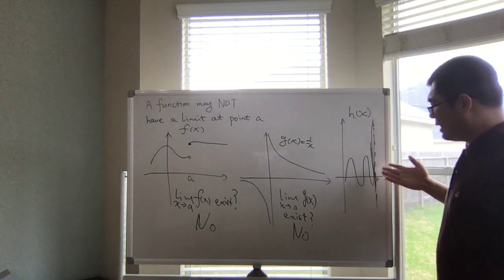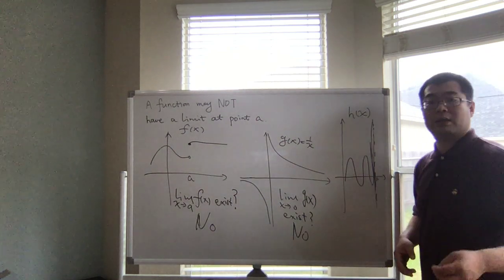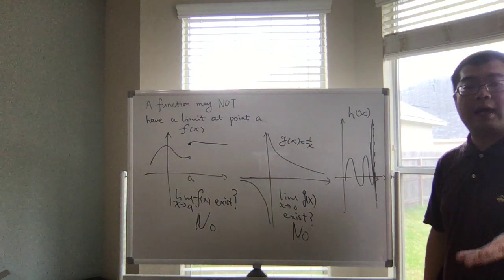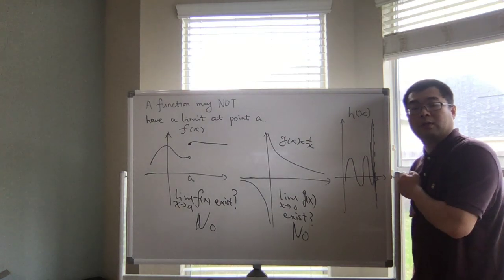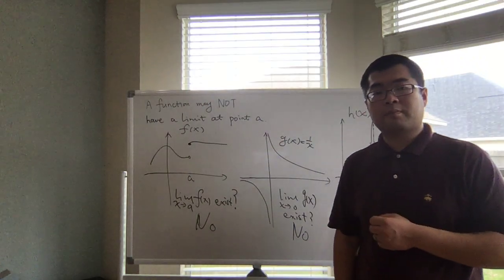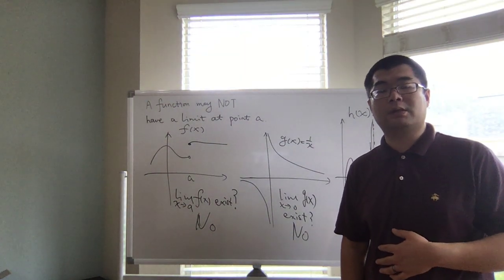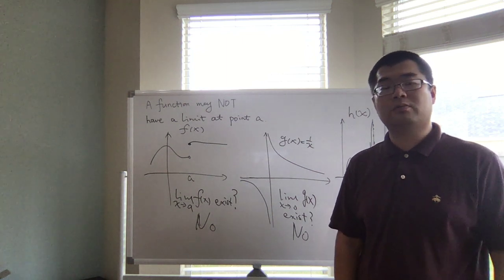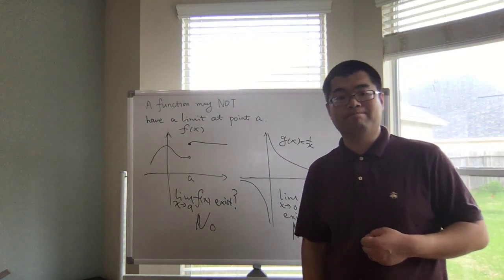So as you can see, as x approaches a from the left, the limit already does not exist, not to even mention the limit as x approaches a, right? Because we don't even talk about the right-hand side. Okay, so I hope this is going to give you some brief idea about the concept of limit, and we'll continue with this section with more examples. Okay, so see you soon.